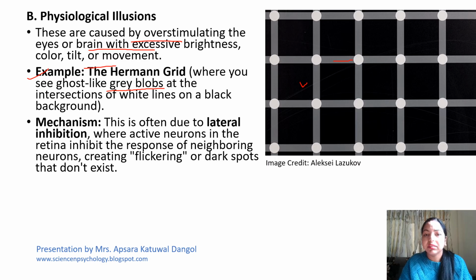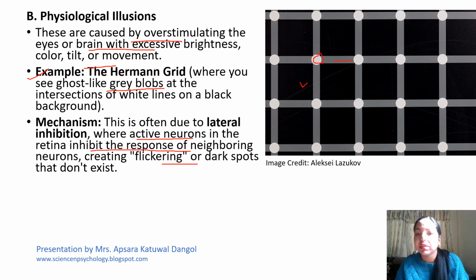Now what happens here? At the intersection of two white lines, you will find a gray light spot. If you see this image carefully, you can see that. So what is the mechanism here? It is due to lateral inhibition, where the active neurons in the retina inhibit the response of neighboring neurons, creating flickering or dark spots that do not exist.